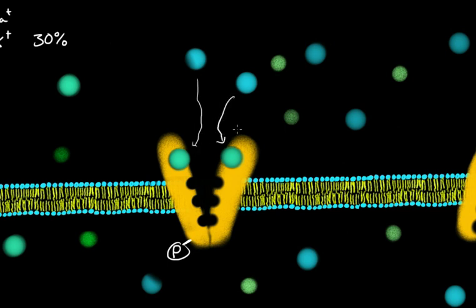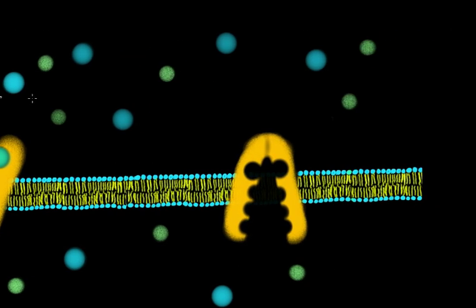The moment the potassium ions diffuse in, this phosphate group doesn't want to be there anymore, so it pops right off and becomes inorganic phosphate. And the moment it doesn't have that phosphate group, it doesn't want to be in this shape anymore.